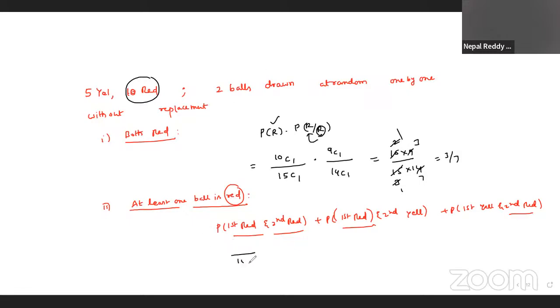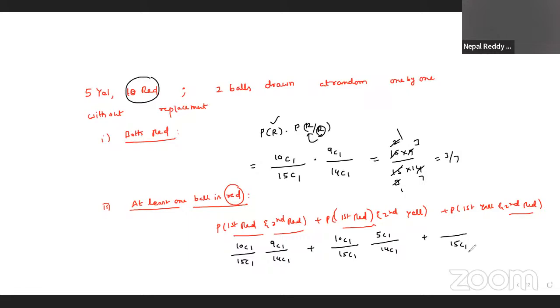Now, out of 15C1, one red ball, nothing but 10C1. Again, without replacement, 9C1 by 14C1. Next, another case: 15C1 in which red balls, 10C1. Without replacement, so that 14C1 here. Next, from yellow we have to select one, 5C1.